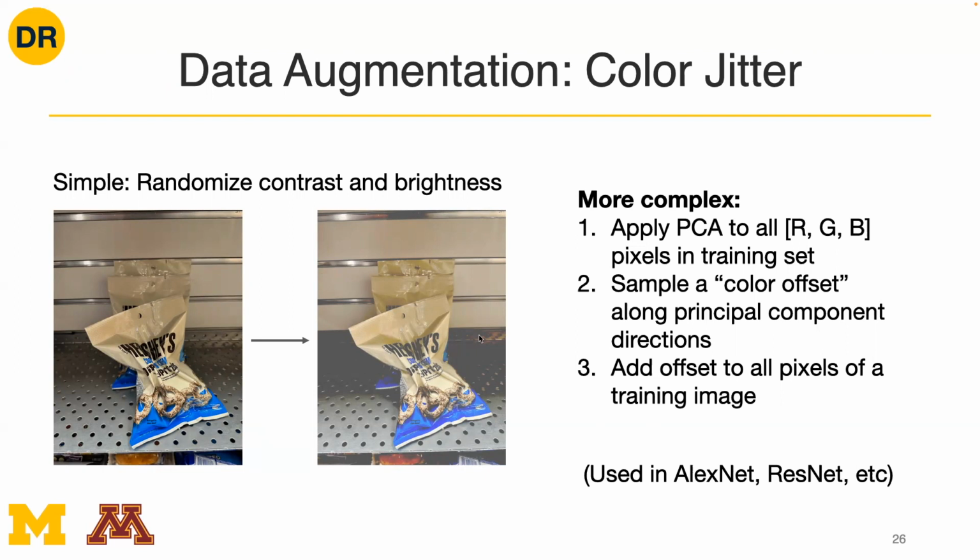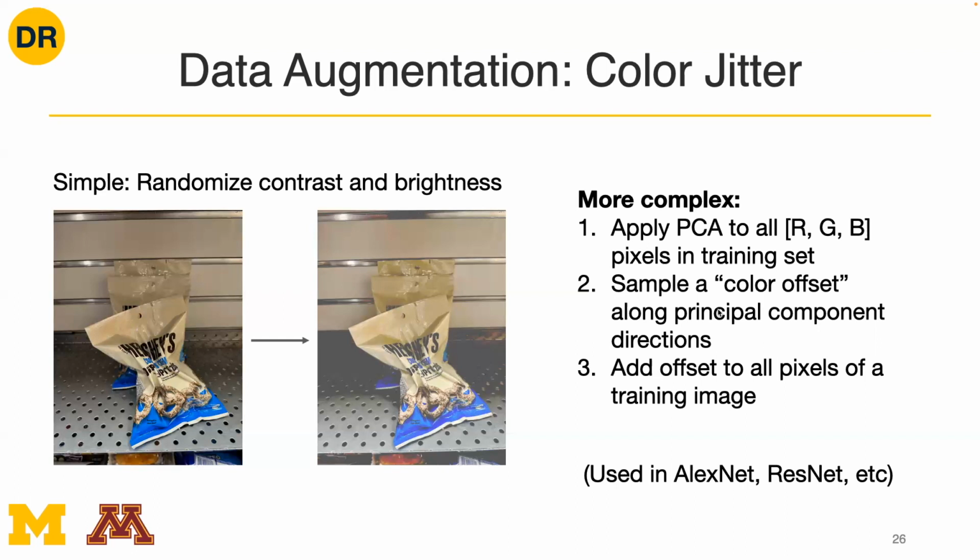A more complex implementation of color jitter, which you'll also see in practice, uses principal component analysis. You would take every single pixel in your entire training set, and treat every pixel like a three-dimensional vector somewhere in the RGB dimensions. You would run PCA on that full data set, and then sample color jitters for some new image during training based on steps along those principal components that PCA gives you.